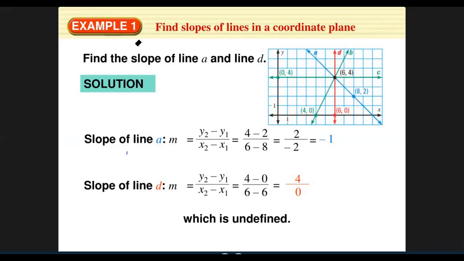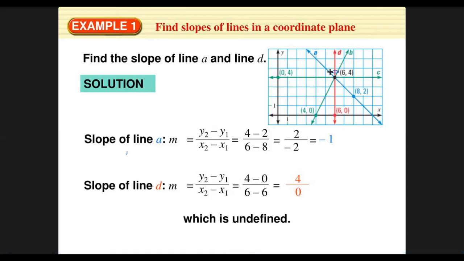We want to calculate the slope of A and D. First, we have to pick up 2 points belonging to A. So we are going to choose this point, which is 6 and 4, and we have another point here, which is 8 and 2. And then we will calculate 4 minus 2 over 6 minus 8. So the slope will be equal to negative 1.